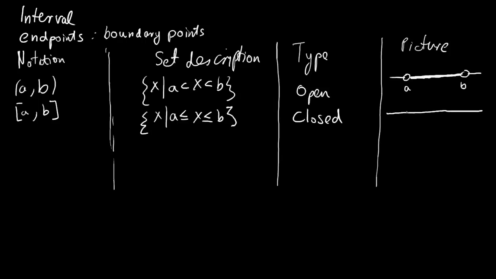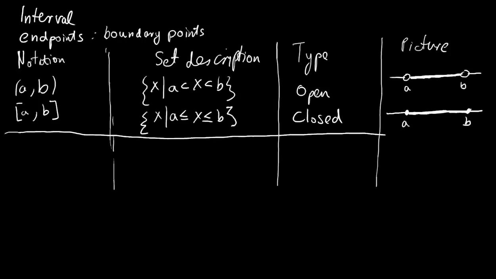And we are picturing this as two dots here representing A and B, and the interval is the line between A and B. Okay, so these were finite intervals.